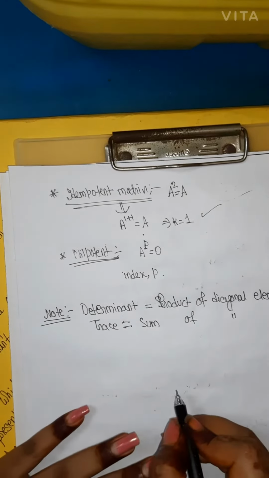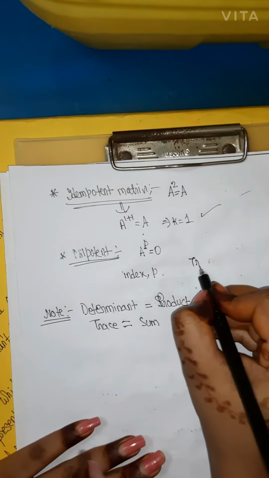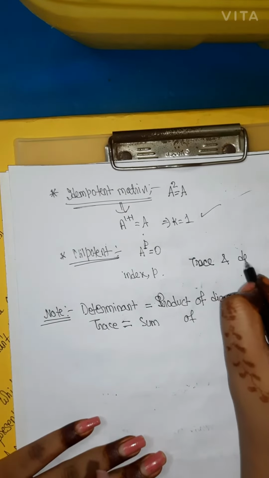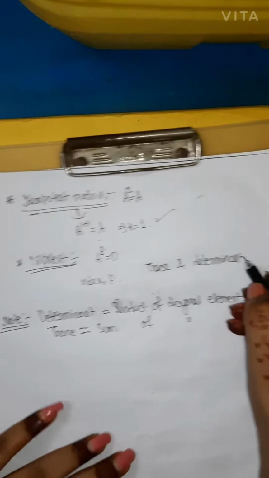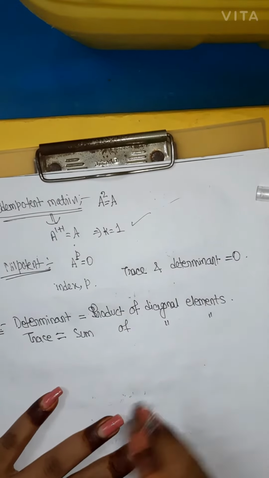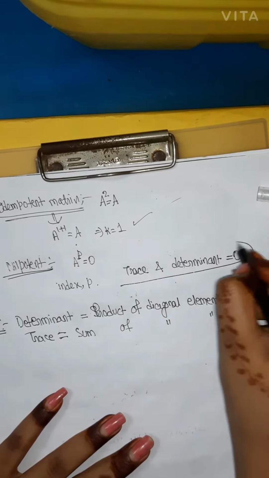So in a nilpotent matrix we will have both trace and determinant always equal to 0. This is the condition.